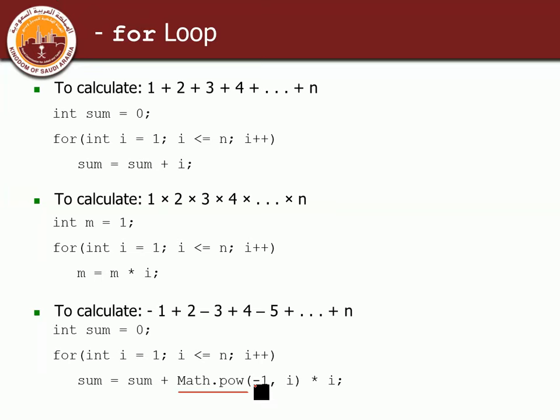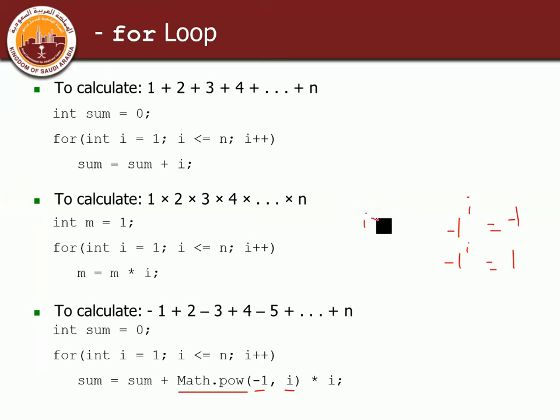So actually what it does, look here, is the first number to the power of the second number. So it's like -1 to the power of i. When i is equal to 1, it gives me -1. When i is equal to 2, it gives me 1.